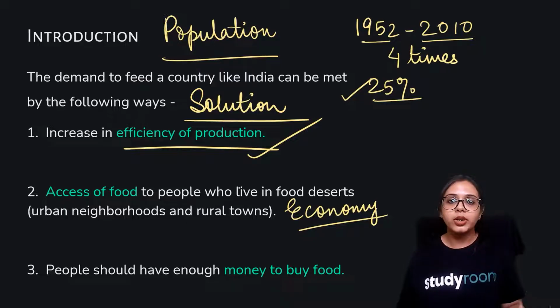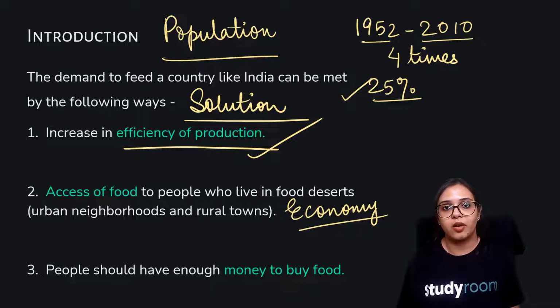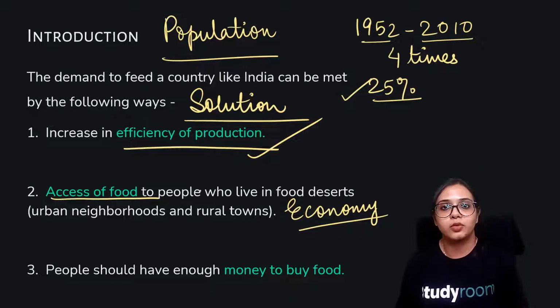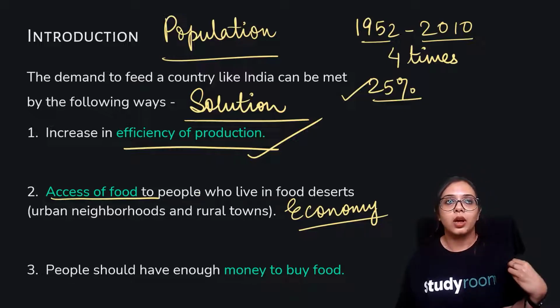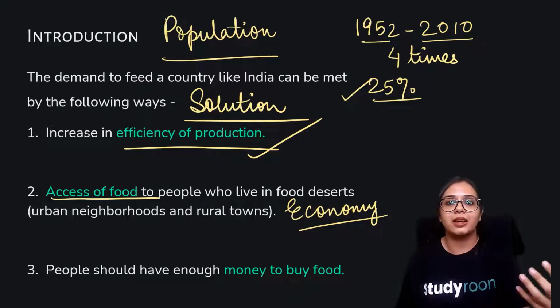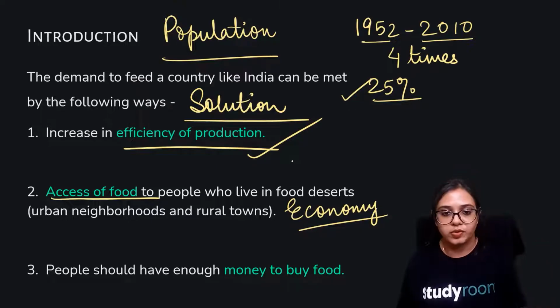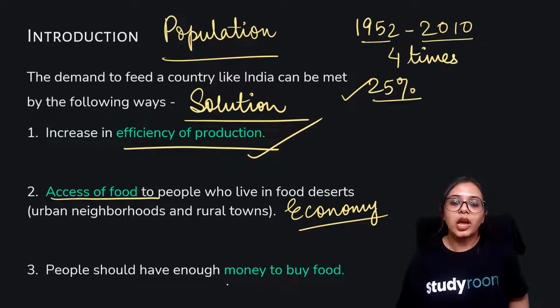So, in order to meet that food demand, it is also necessary that access to that food is provided to those people. And how can they get access to that food? By increasing their economy, by increasing their monthly wages. All right. So people should have enough money to buy food. Okay, money becomes very crucial here.